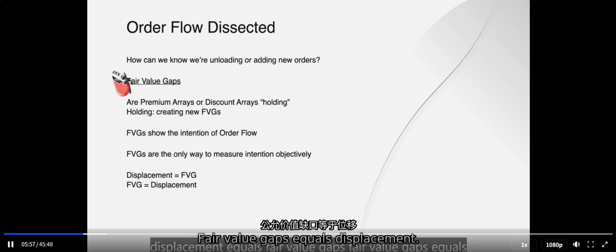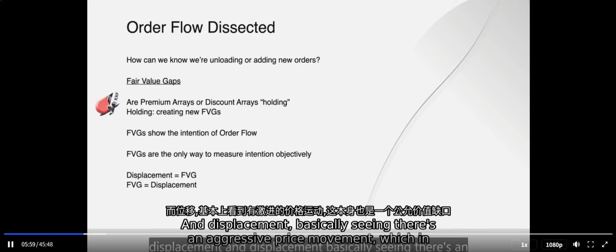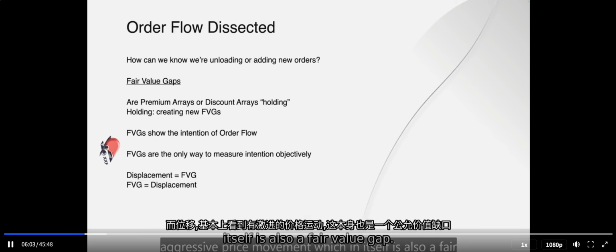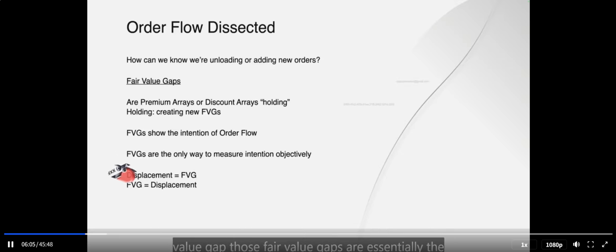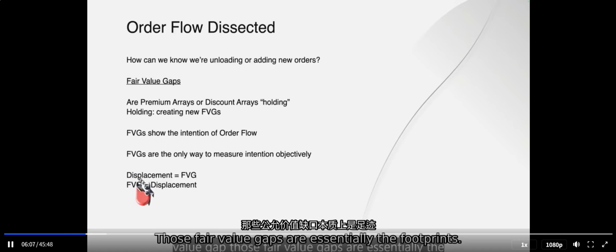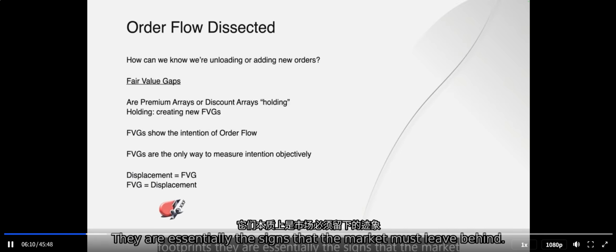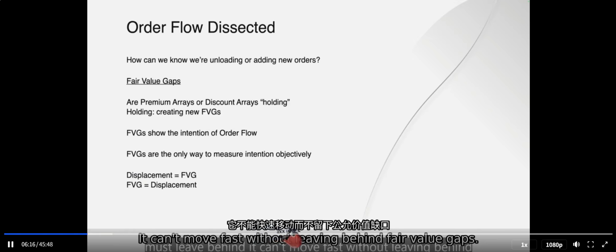Fair value gaps equals displacement. And displacement basically means there's an aggressive price movement, which in itself is also a fair value gap. Those fair value gaps are essentially the footprints. They are essentially the signs that the market must leave behind. It can't move fast without leaving behind fair value gaps.